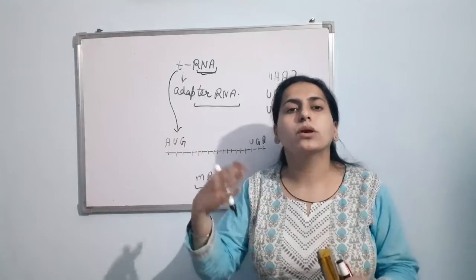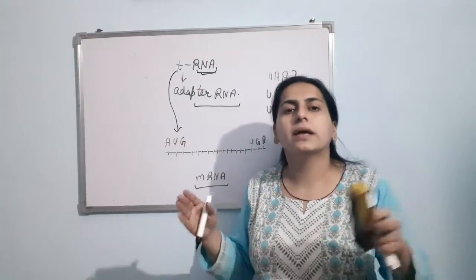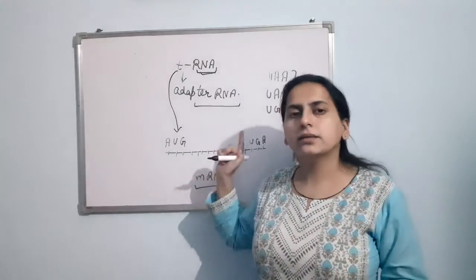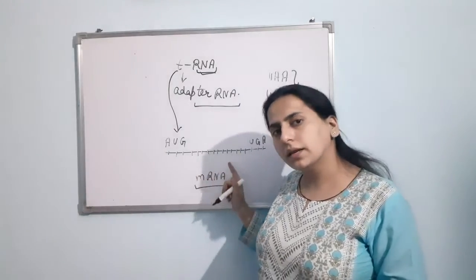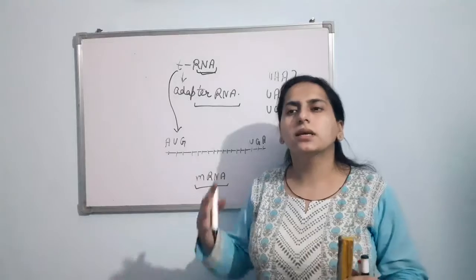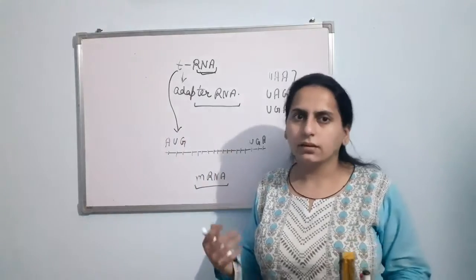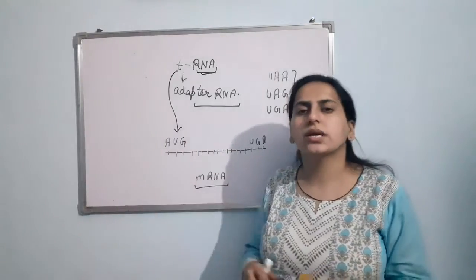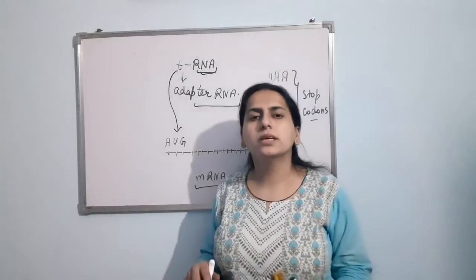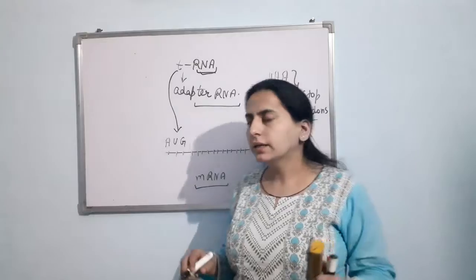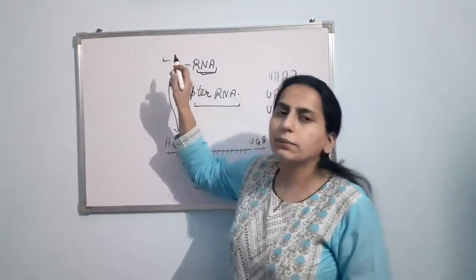This is what is going on. So this is the function of tRNA. It reads the genetic code present on the mRNA and then brings the amino acid that is complementary to this genetic code. Clear?